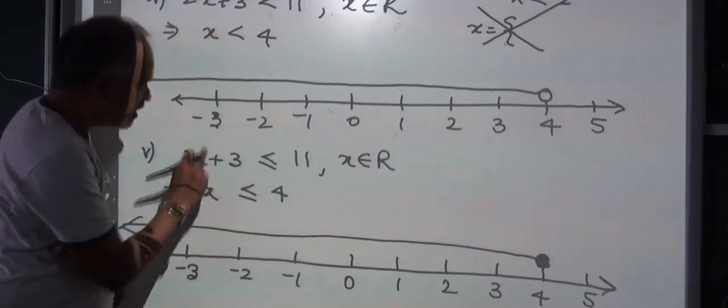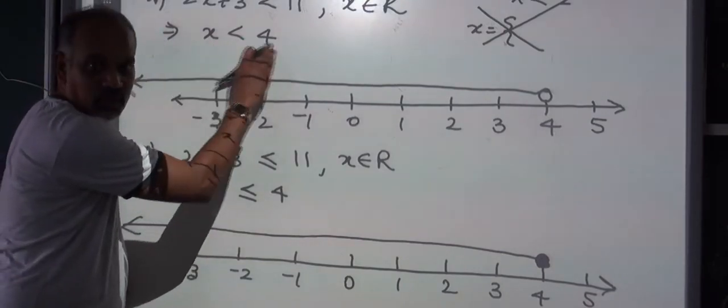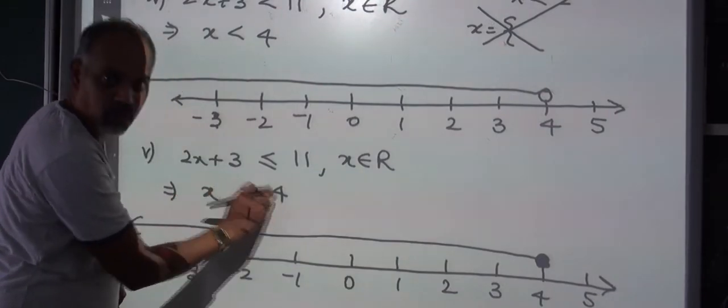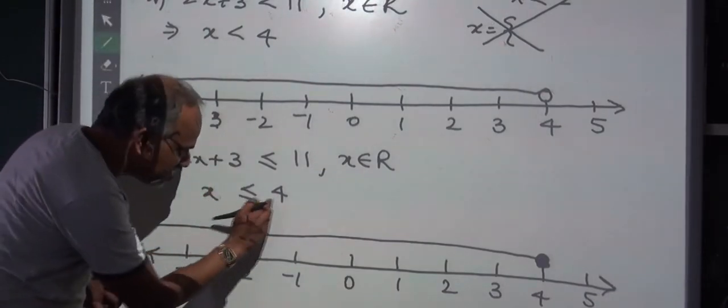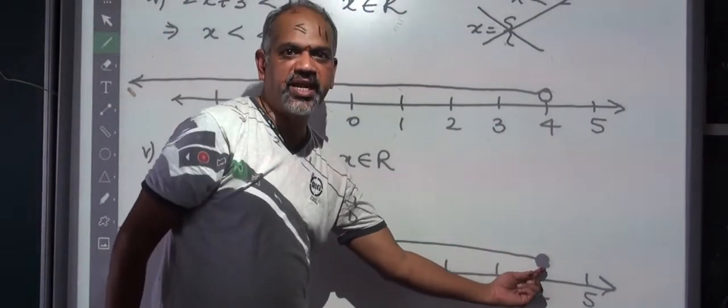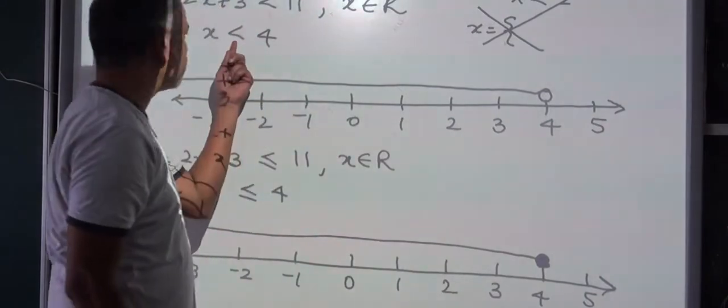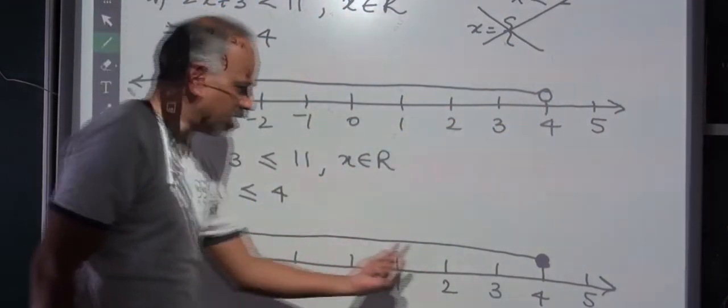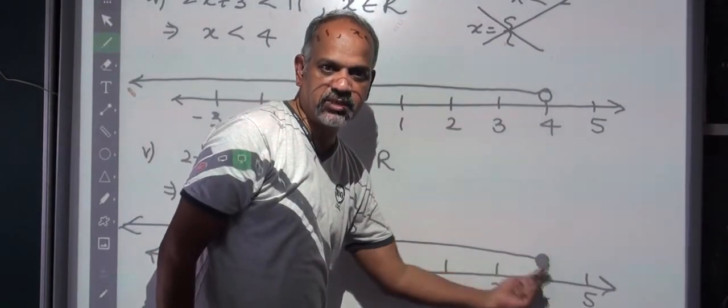Now read this. In this case it was x is less than 4, no equal to sign was there. But here x is less than or equal to 4. Here x is equal to 4, therefore on top of the 4, you put a shaded dot. Here equal to was not there, so I put a hollow dot. Here equal to sign is there, therefore I put a shaded dot, which means it is present.